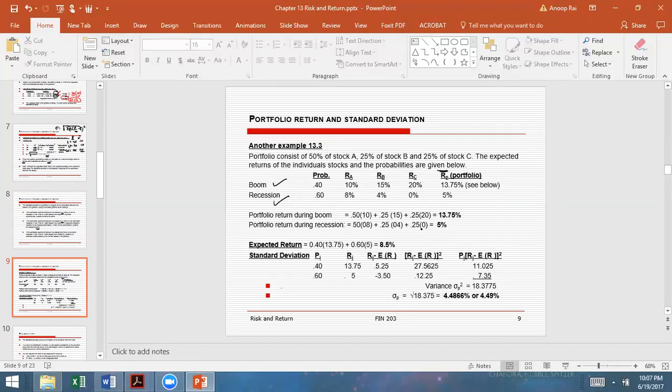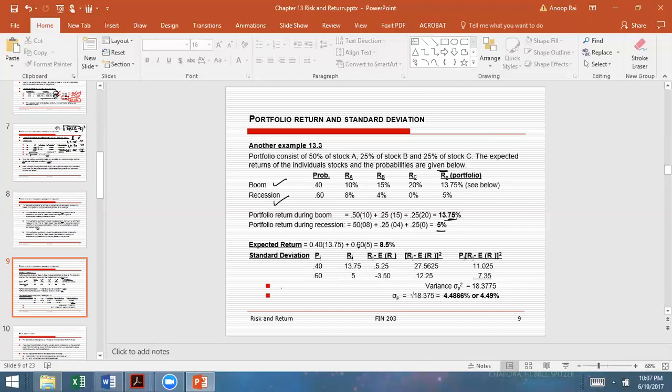This stock is 0, so 25% of 0. So we expect the mean to be about 5%. So that's the expected return on this portfolio. Now we can calculate the expected return, because we said there's a 40% chance it'll be a boom. And since we have a portfolio, that will generate a 13.75 return.